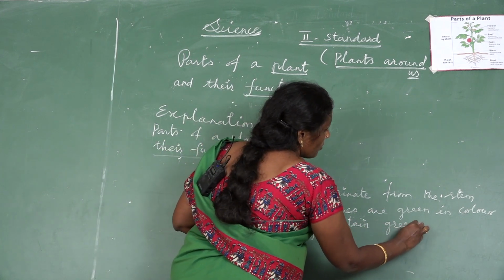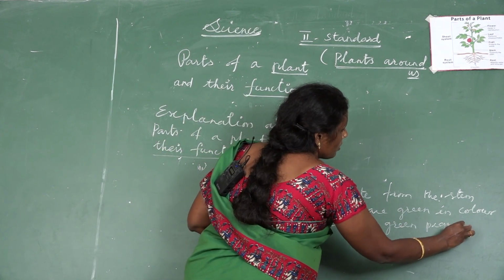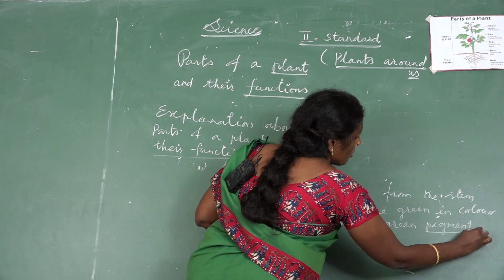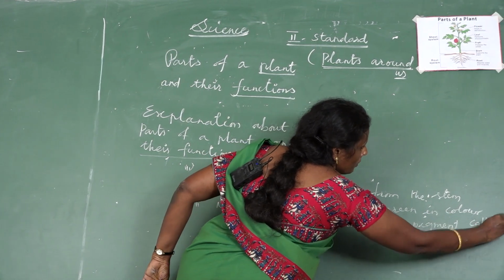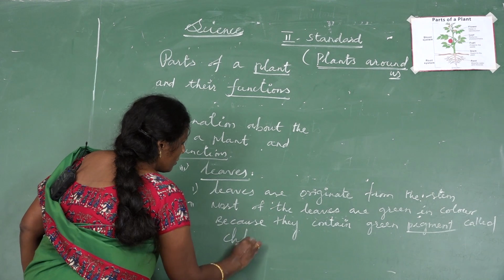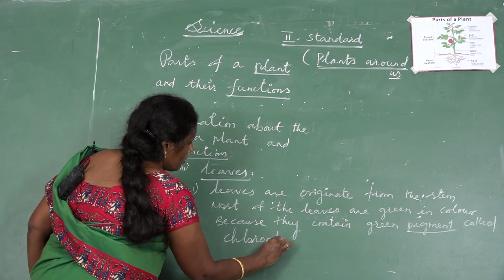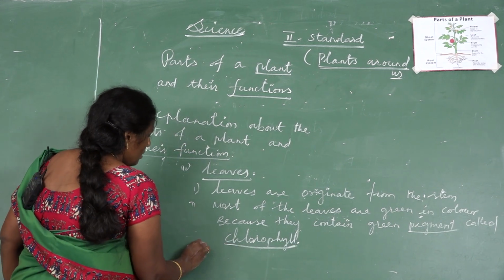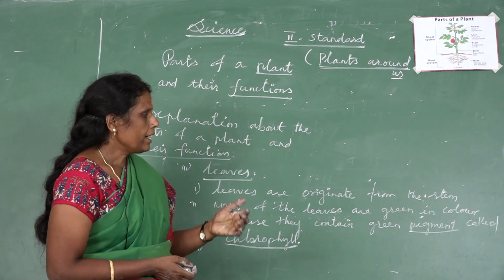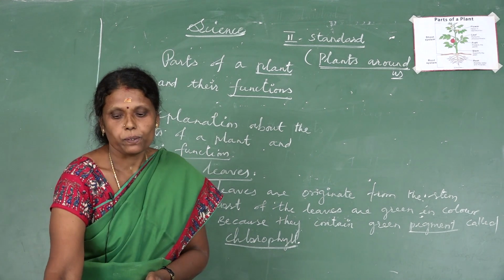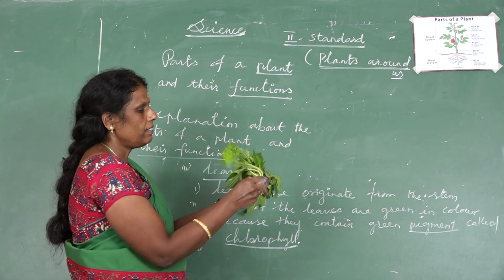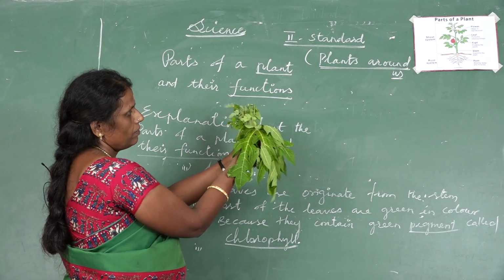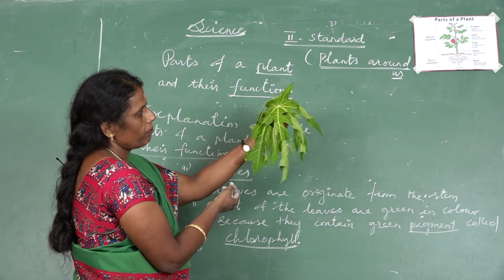Green pigment called chlorophyll. Some leaves are different colors and shapes. Look at this leaf, children. It is the papaya leaf.